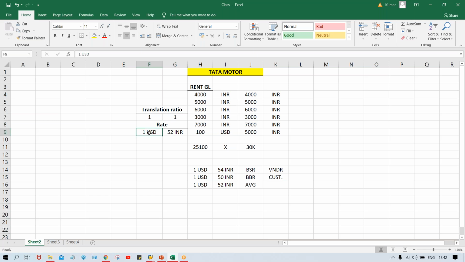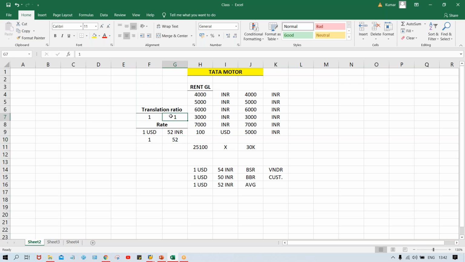First of all, this 1 USD is going to be multiplied with this one, and 52 INR is going to be multiplied with this one. So 1 multiplied by 1, and 1 equals 52 multiplied by 1, so 52 rupees is the value. If you post a transaction worth 1 USD, it is 52 rupees.